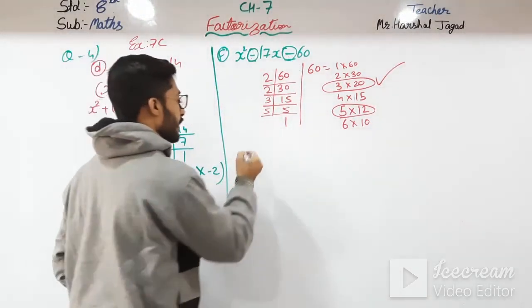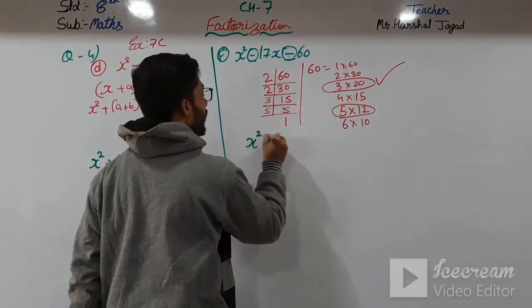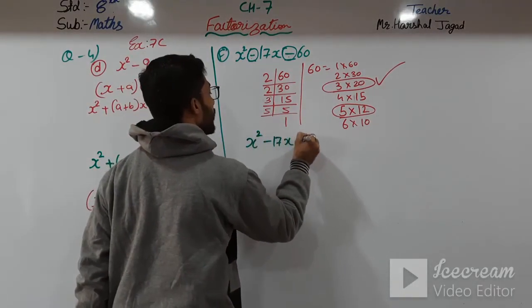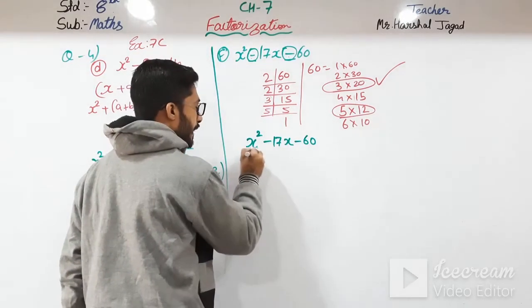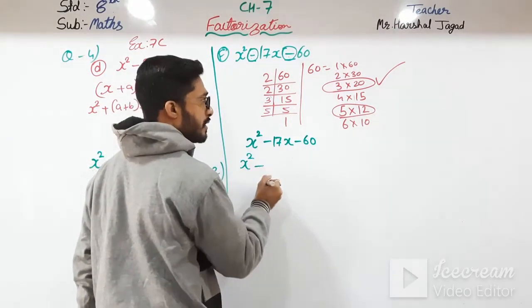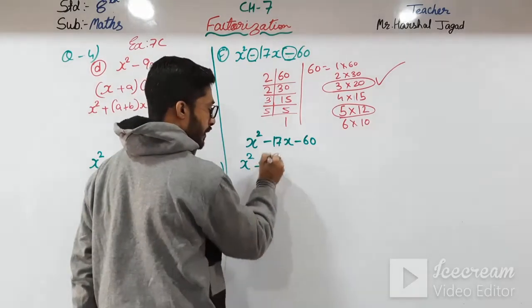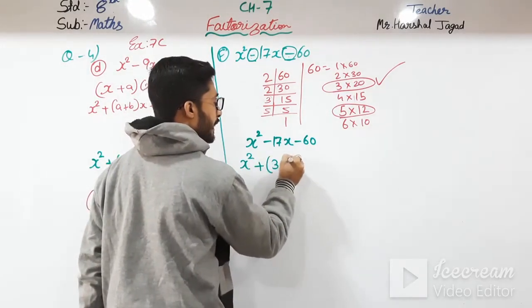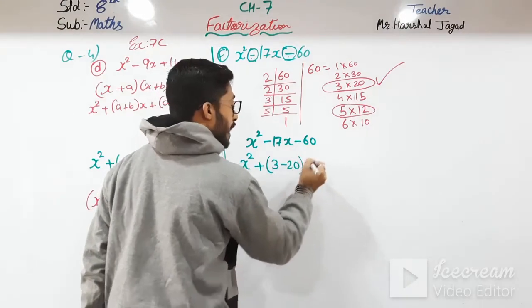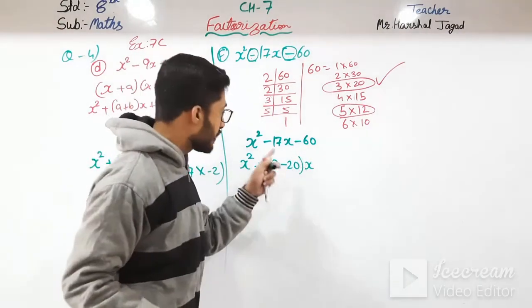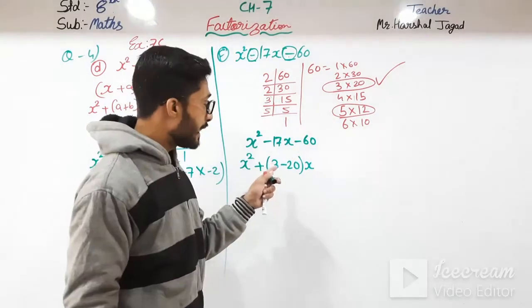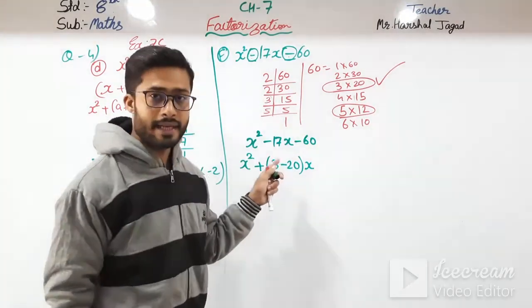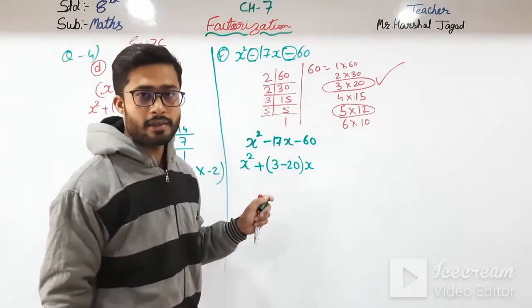So writing again x square minus 17x minus 60, I can write x square plus 3 minus 20x. Why minus 20 here? Because if we take minus 3 and 20, we will get plus 17, but we want minus 17 as the answer.